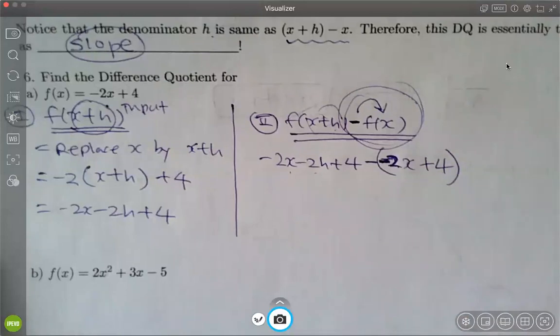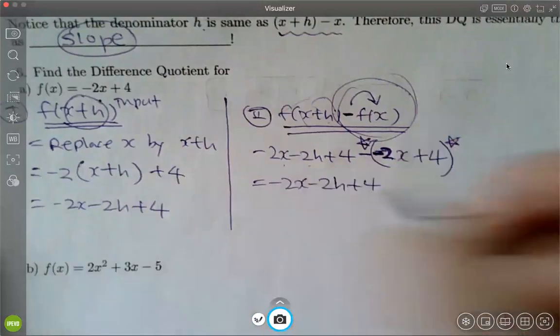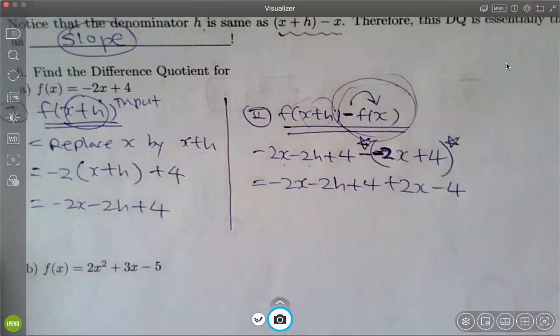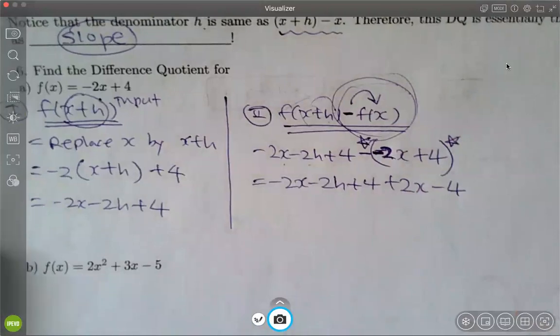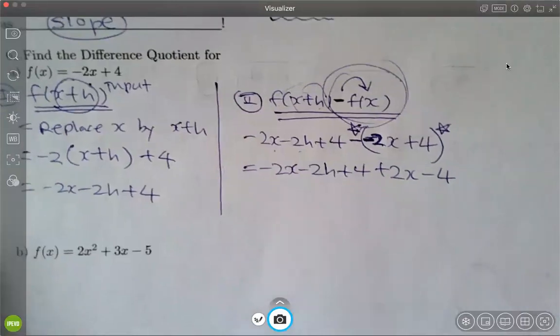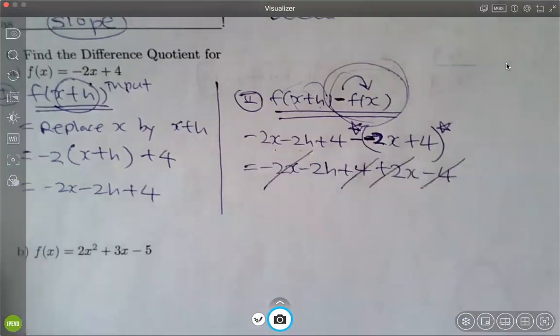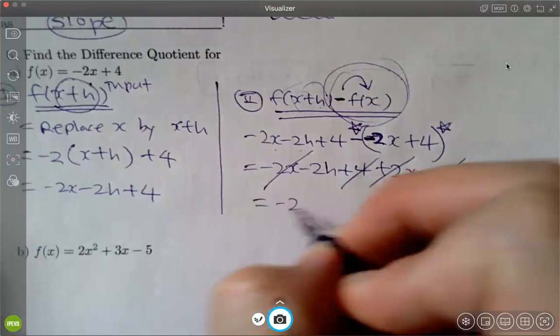You are subtracting f of x, so you need parentheses around f of x. So this is -2x minus 2h plus 4, and then plus 2x minus 4, right? You are changing the sign. Now, can you simplify this further? Yes. Things canceled, right? So you're left with -2h, right?